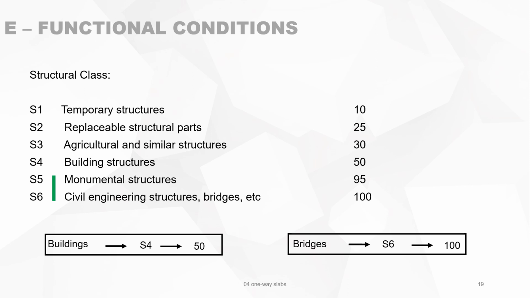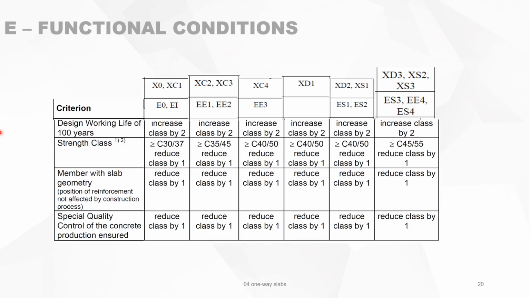So your concrete cover, the minimum required concrete cover, is related to the design life of the structures. You can lower the structural class or increase the structural class depending on certain conditions.